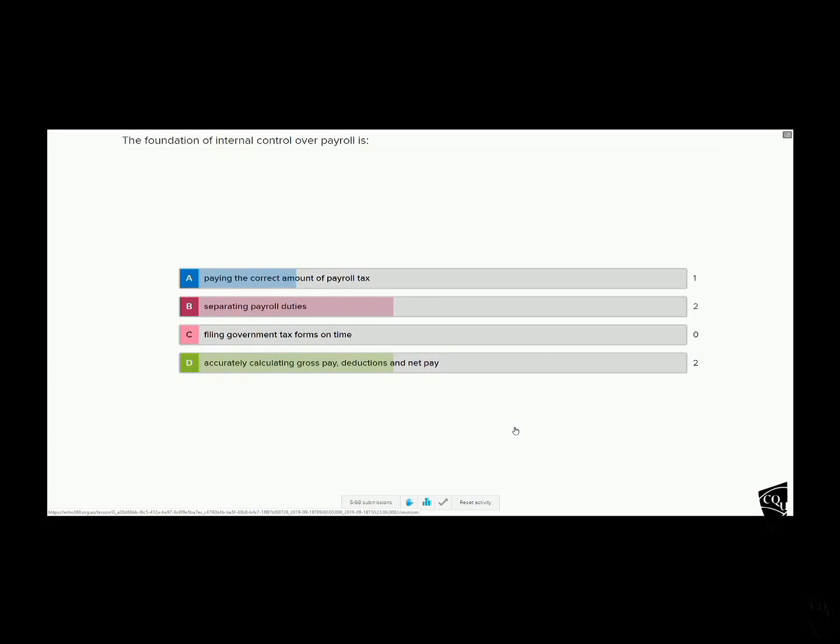And it happens in businesses who don't have separation of duties. Even the most honest employees will be tempted if the internal controls in the business are slack. And there's all sorts of reason for that, and it's well researched. So the answer is, of course, B.